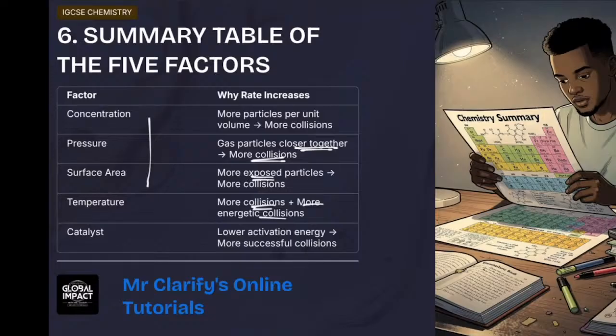We collide with greater energy, which means more successful collisions, as more collisions now have energy greater than activation energy. Same for catalyst, but catalyst does it in a different way. It lowers the activation energy, and that means there will be more successful collisions, with energy greater than or equal to activation energy.